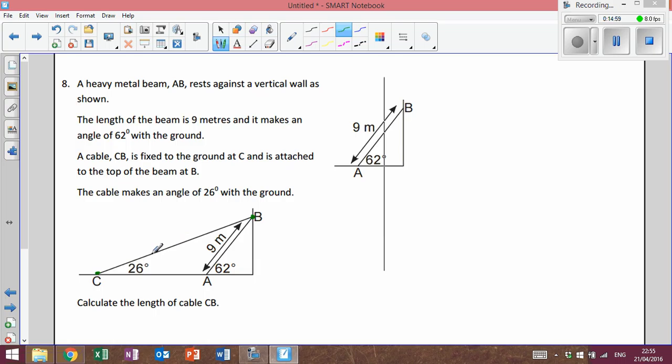I've got one of my loops there. So if I'm looking for this side, if I can get this angle, that would be lovely. And look, 62 degrees there, that's a straight line along the bottom. So this has got to be 118 degrees to make that straight line up to 180.